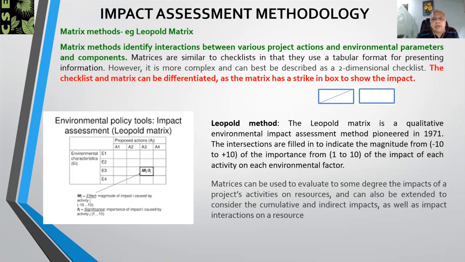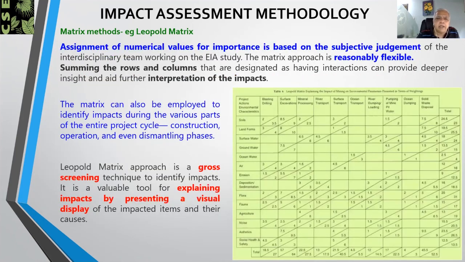As you can see, the box is split into two parts by a diagonal, wherein the magnitude of the impact and the significance of the impact are both marked in scales. Magnitude may be ranked on a scale of -10 to +10, and the importance of that particular parameter may be given in terms of a 1 to 10 rank.